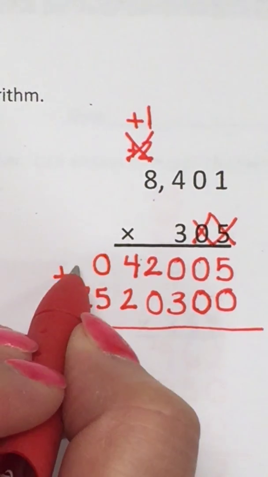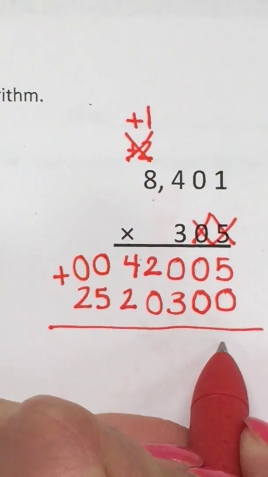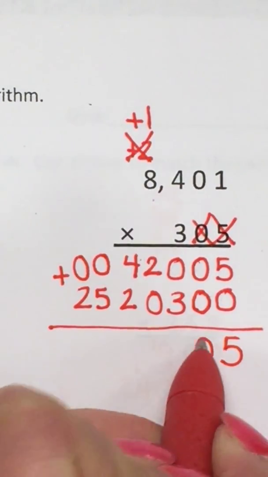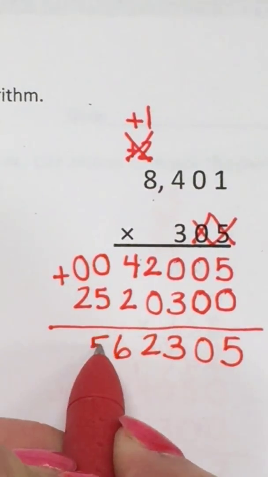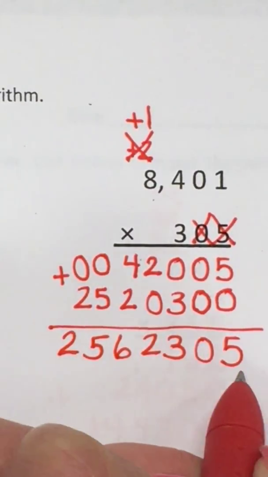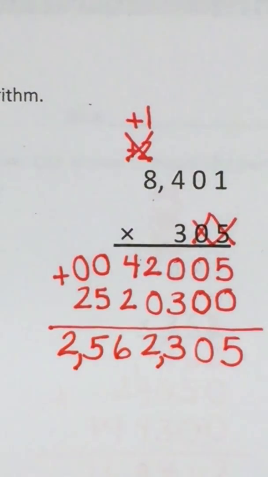If it helps you to put placeholders in when you do your addition, please go ahead and do that. It's not going to hurt anything. So then I can do my addition. And I end up with an answer of 2,562,305.